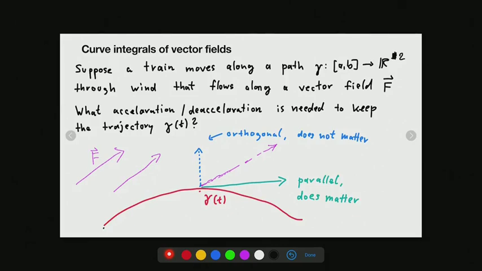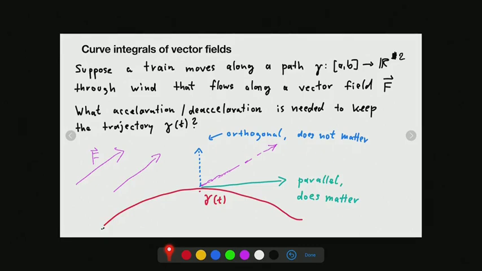Now, if you've got this curve gamma, and let's say in our surroundings, you've got a force field F that describes the wind, then, okay, we do the following simplification. We say that there's no friction, meaning if the wind blows from the side, it has no effect at all.